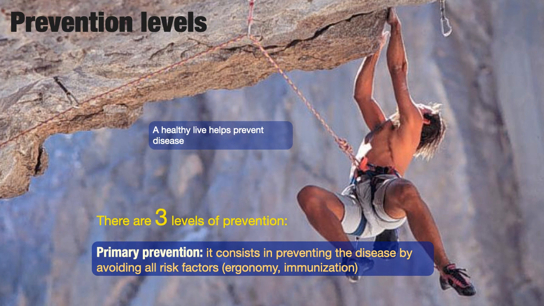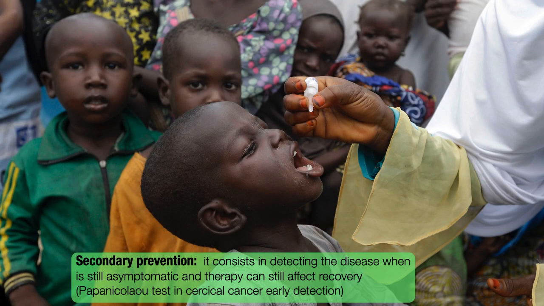But for now, let's just state that there are 3 levels of prevention. The first one is primary prevention, that is about avoiding risk factors, the ones that are avoidable, of course. Your age is a risk factor, for instance, and you cannot avoid that.